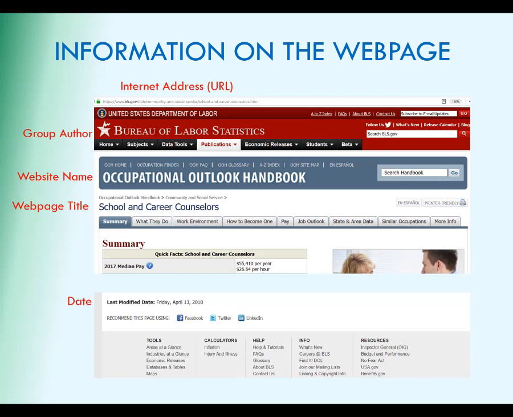The website name is Occupational Outlook Handbook, and the specific web page is School and Career Counselors. The date when this web page was last updated is here, and that is important because APA does not accept the copyright date of the website. The internet address will go at the end of the reference.